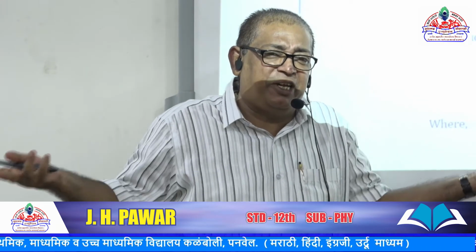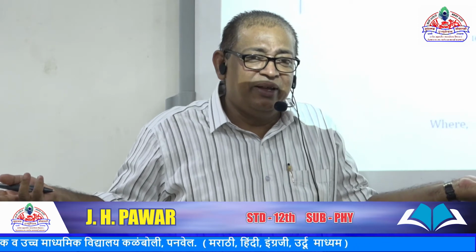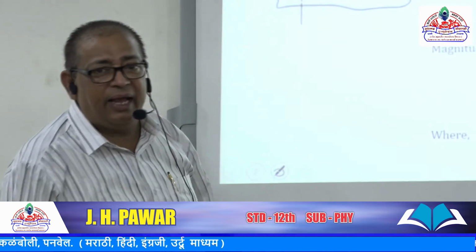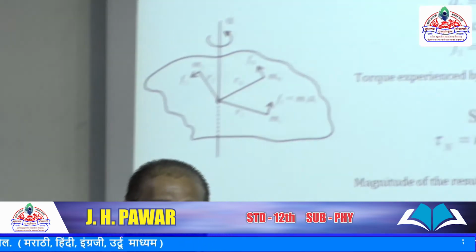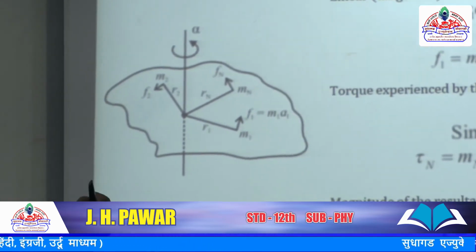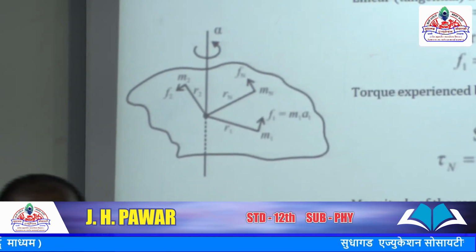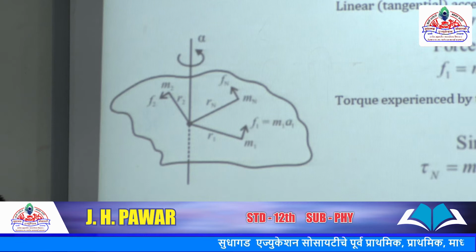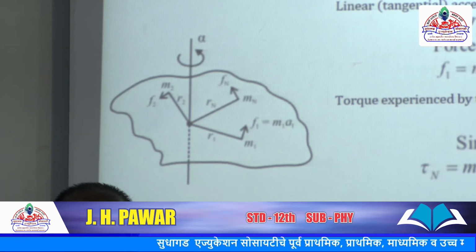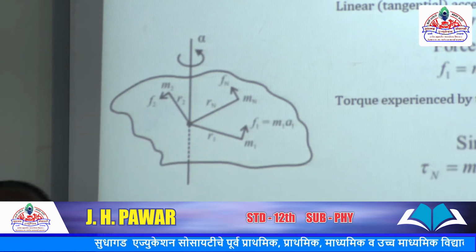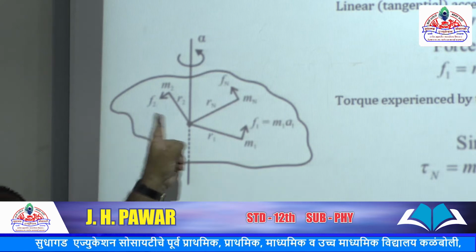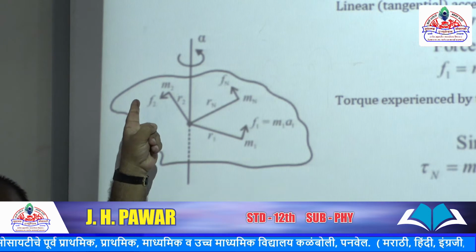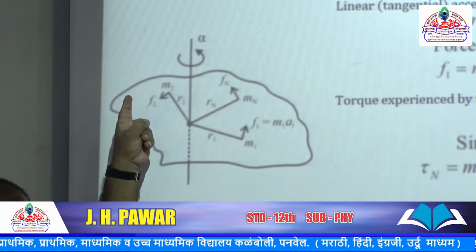Again, the same explanation is there, but certain things are changed. Look at the thing. Figure shows a rigid object which is rotating about an axis perpendicular to the plane of the paper, in the 3-dimensional case.